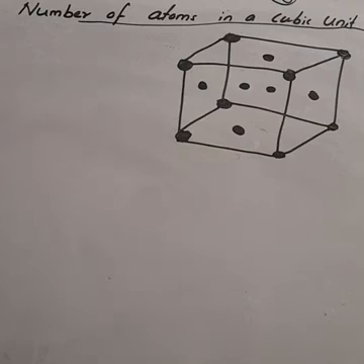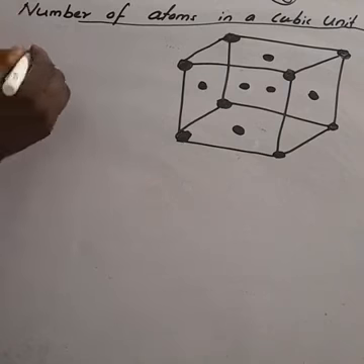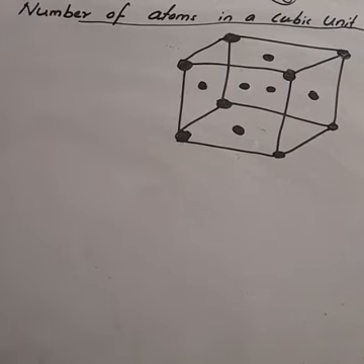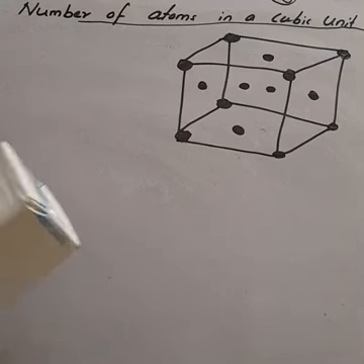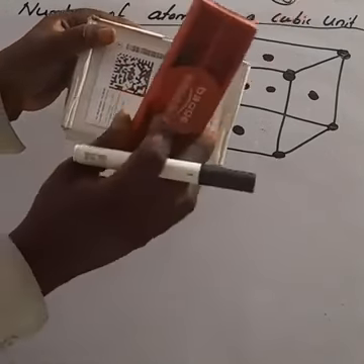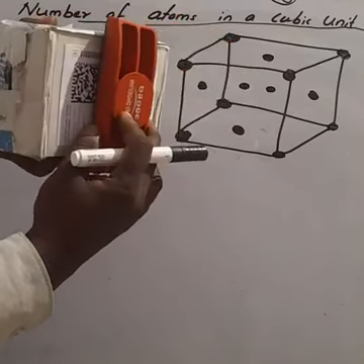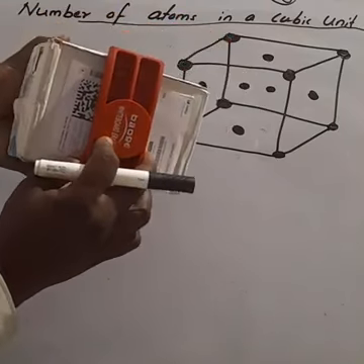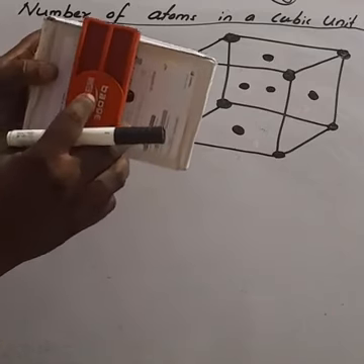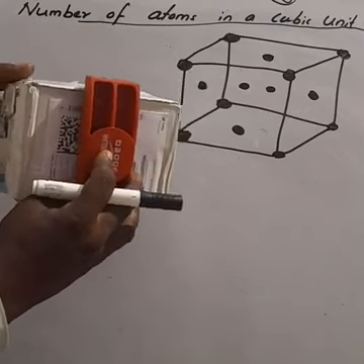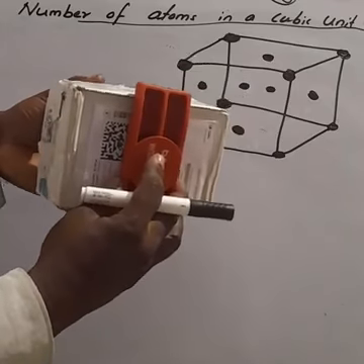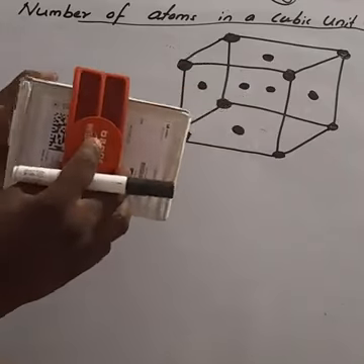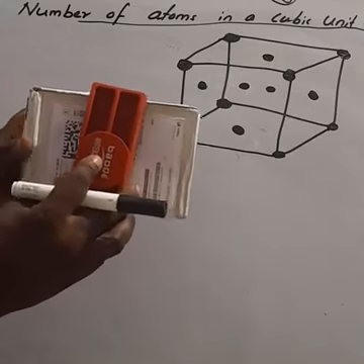How can you find the number of atoms in the face-centered unit cell? The atom in the face center is shared by 2 unit cells. Imagine this is one unit cell and this is another unit cell. Now we are joining both. That means these 2 unit cells share the atom. The atom in the face center is shared by 2 unit cells.